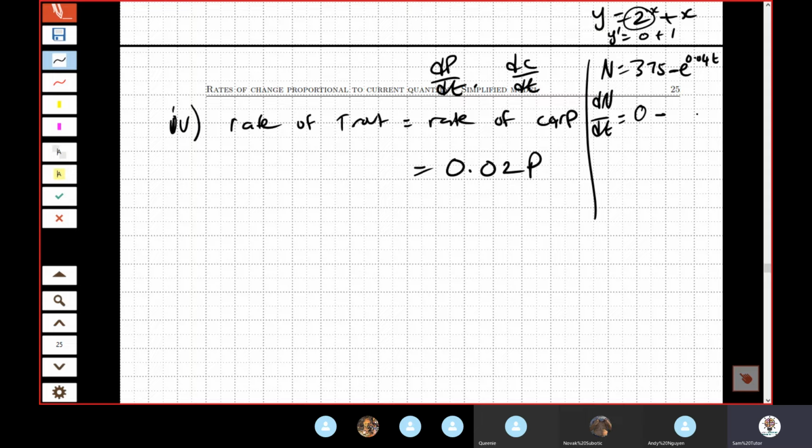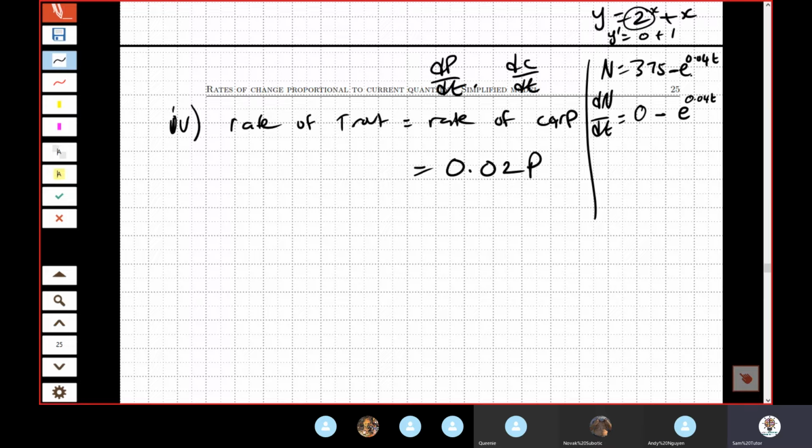Now, exponentials are exponentials, so what should this one become? E to the power of what? E to the power of 0.04t, because exponentials don't change.